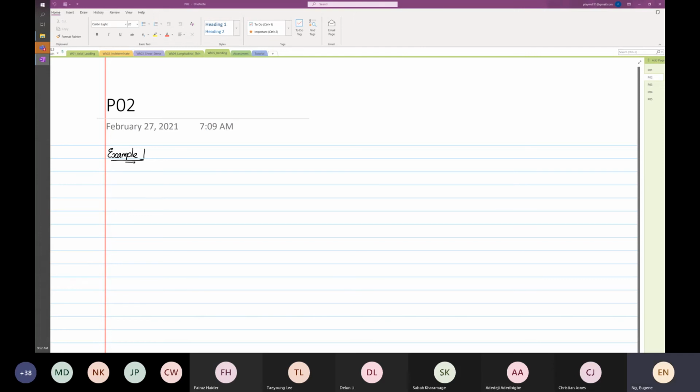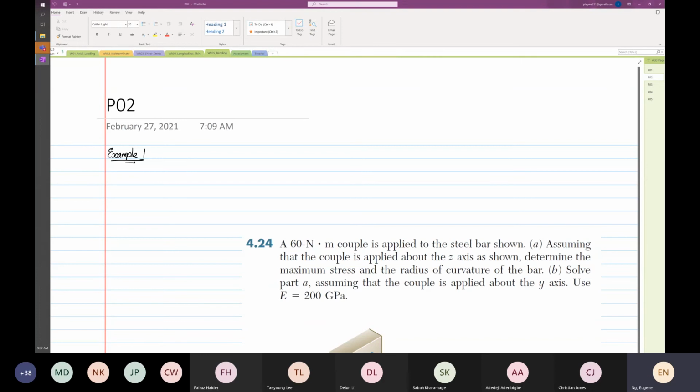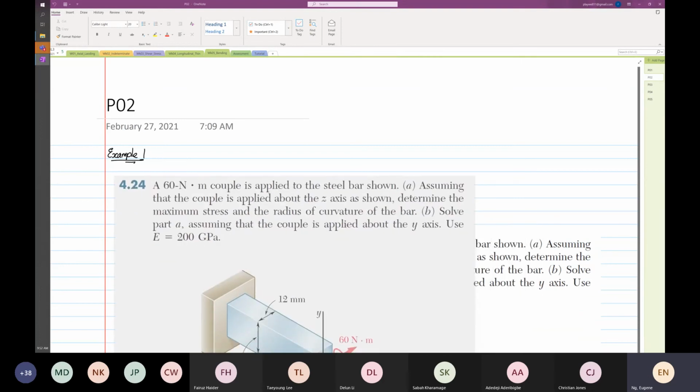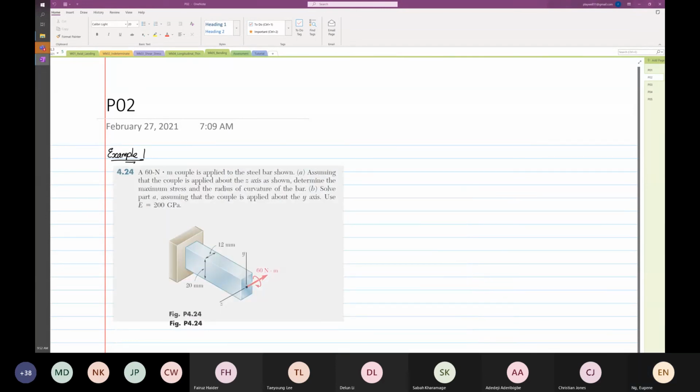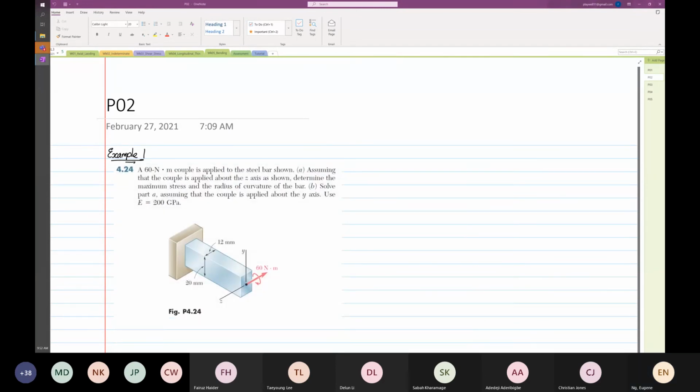So this is the example we're going to do. As I said, this is on Avenue to Learn. Okay, let's deal with this example now.